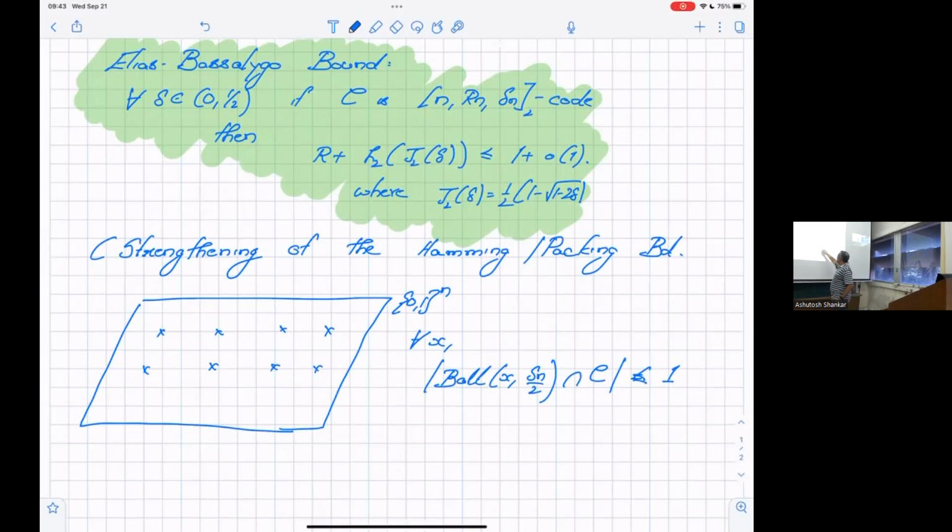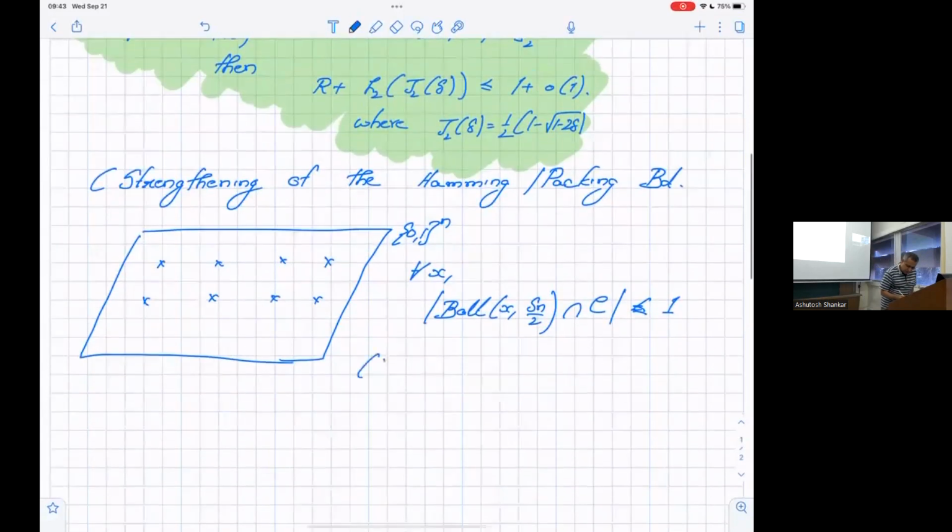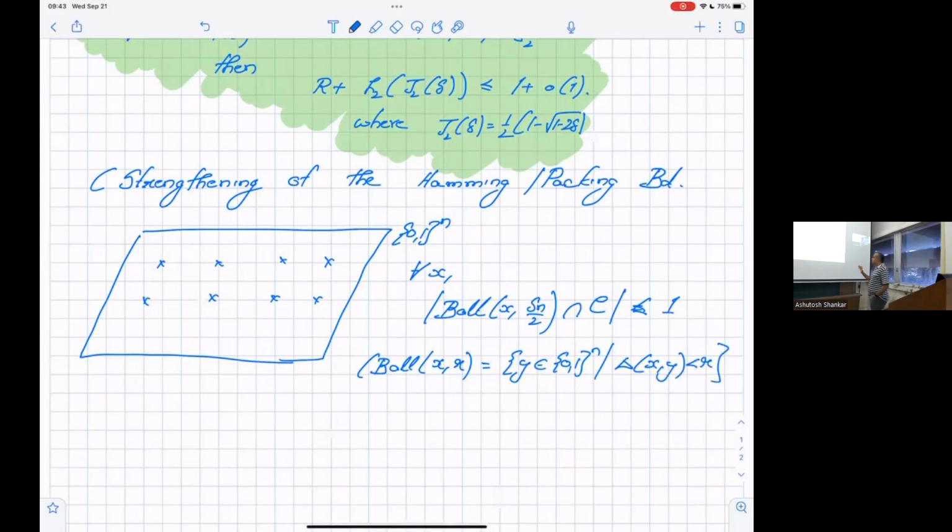This property comes from the distance of the code. Let me just clarify what a ball is. The ball B(x, r) is the set of all y in {0,1}^n such that the distance Delta(x, y) is less than r. So I'm going to consider the open ball, not the closed ball.